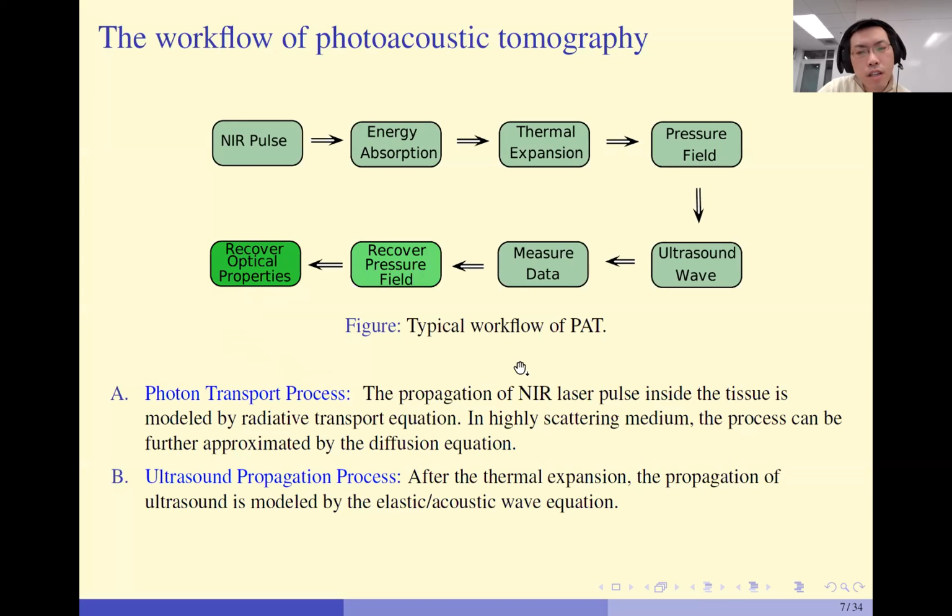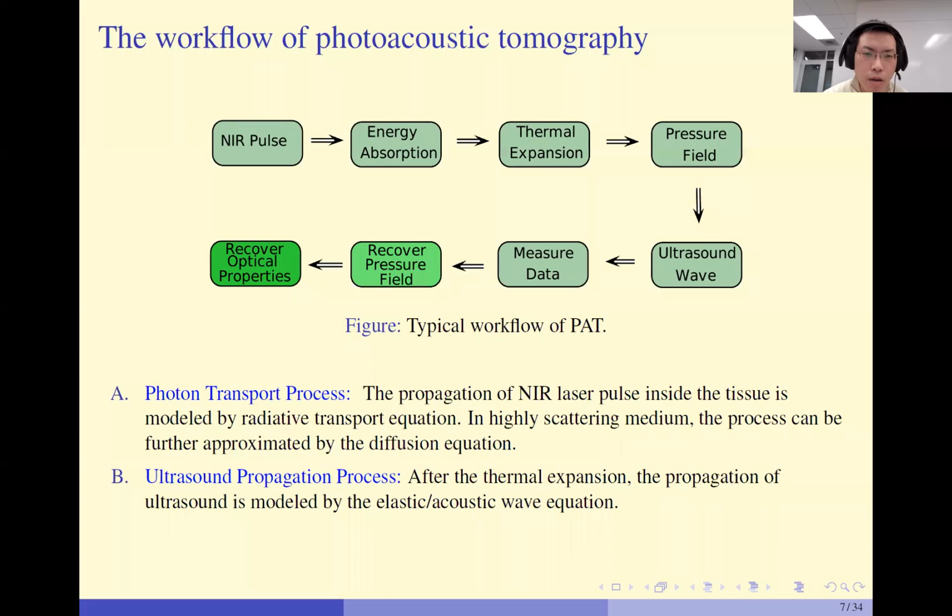And about the photon transport process here, in the old days, people were trying to use the diffusion process to simulate this physical process. But the tissue is highly scattering, and usually this kind of approximation gets unsatisfactory results.